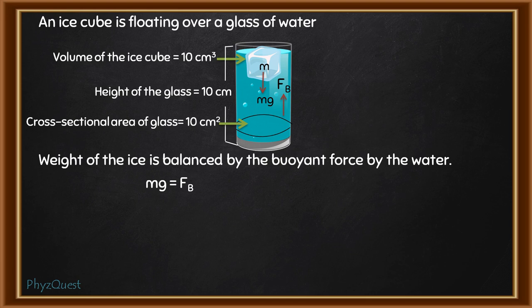Let us suppose the mass of the displaced water is md. That means the buoyant force will be md times g.